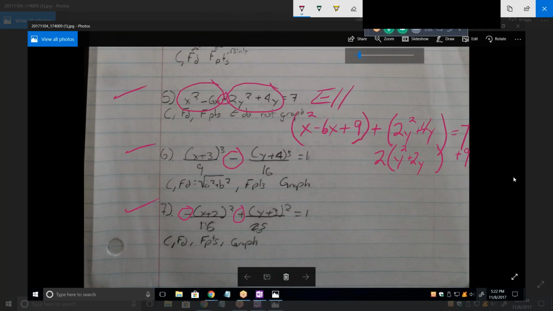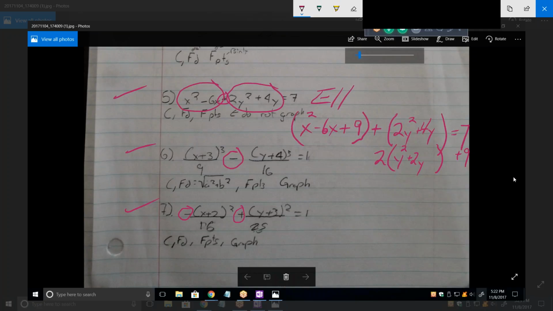Now leave room. Now I can complete the square inside the parentheses. The only time you can ever complete the square is if the coefficient on the squared term is 1. And it is now. So now complete the square.